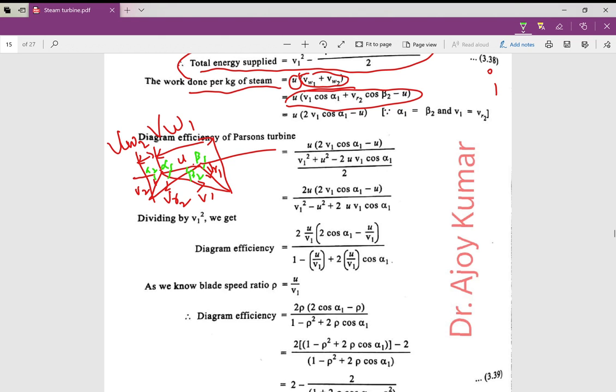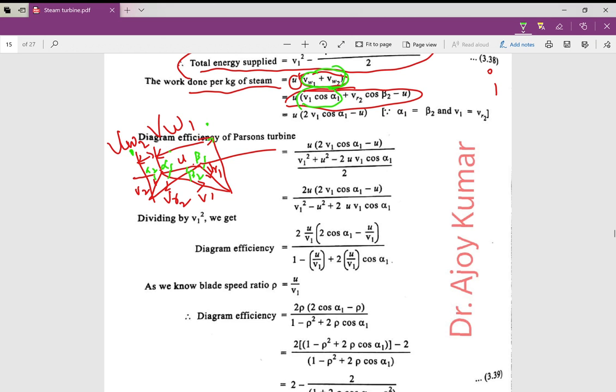So here V1 cos alpha 1 plus Vr2 cos beta 2 minus U, this total Vw1 plus Vw2. Total length from here to here it is written. So we can write V1 cos alpha 1 as it is, V1 cos alpha 1, that is Vw1.